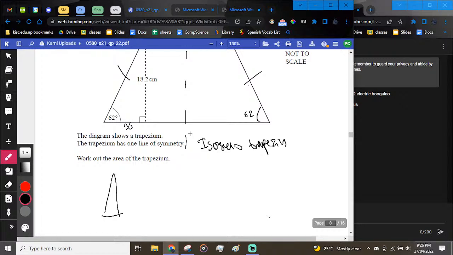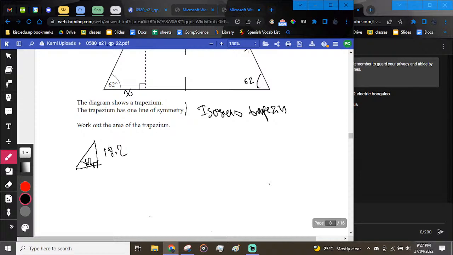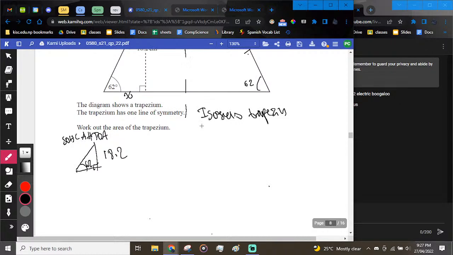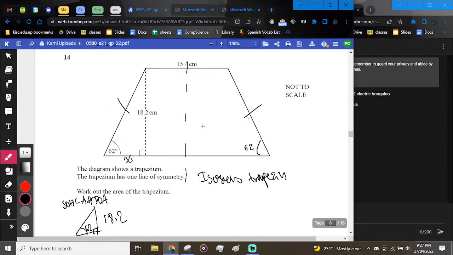Triangle. What does a triangle signify? 62 degrees, 18.2, 90 degrees. And using our funky trigonometry rule, we just need to remember this. This is adjacent to the angle. This is opposite to the angle. This being the long side is the hypotenuse.